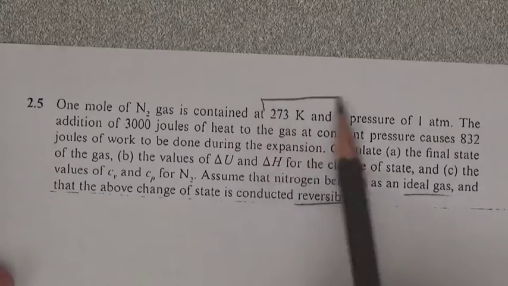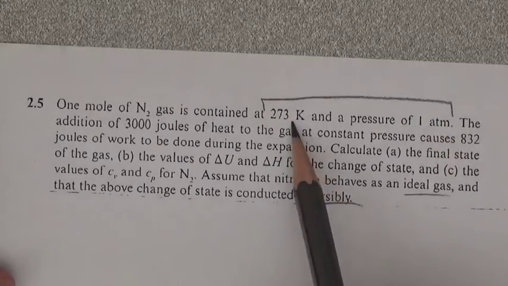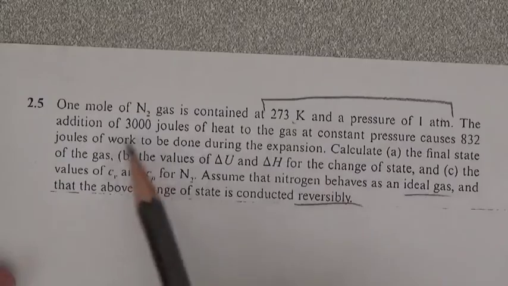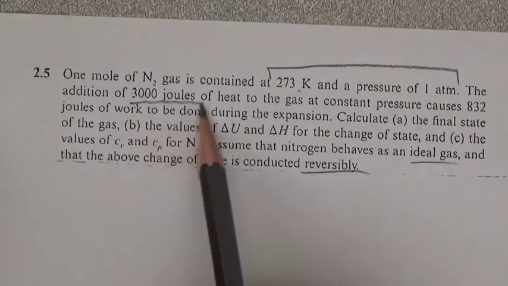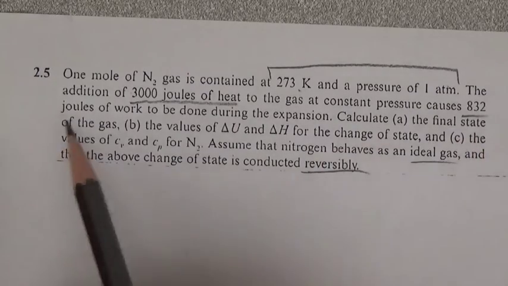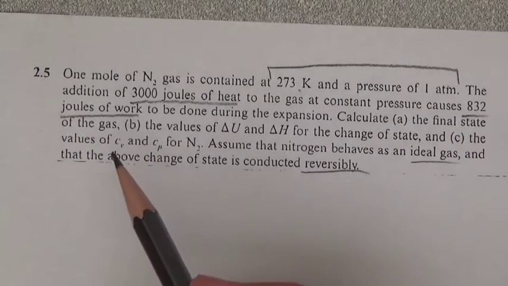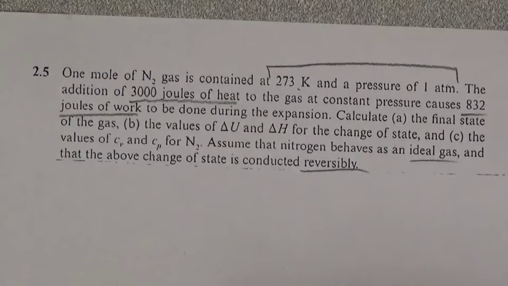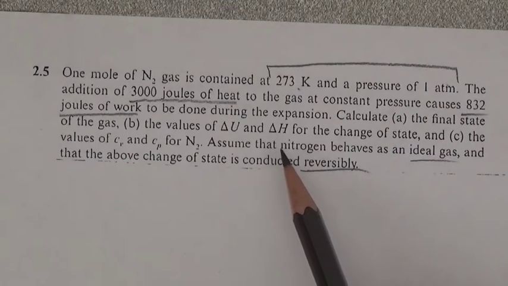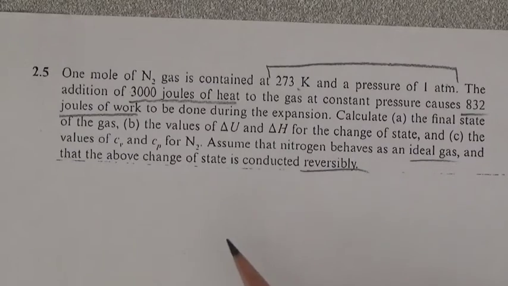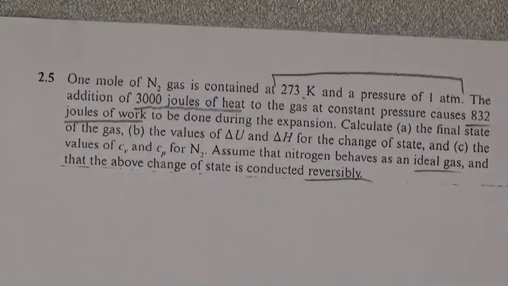We have the initial state, temperature and pressure, and we're adding heat, and in the process of adding heat, work is done. From this, we're supposed to determine the final state, the change in the energy and enthalpy, and then the heat capacities for nitrogen.